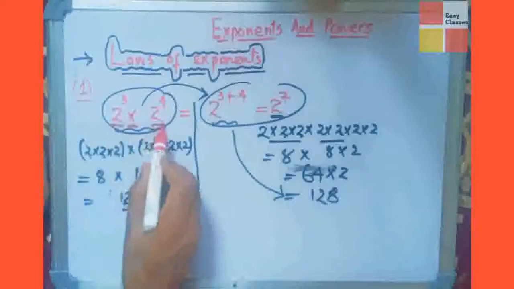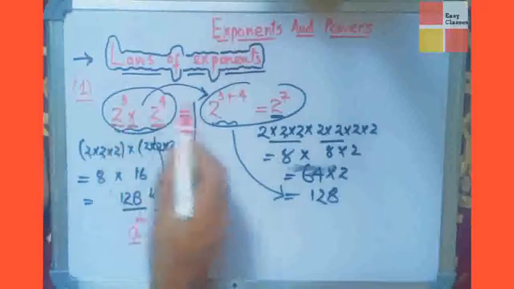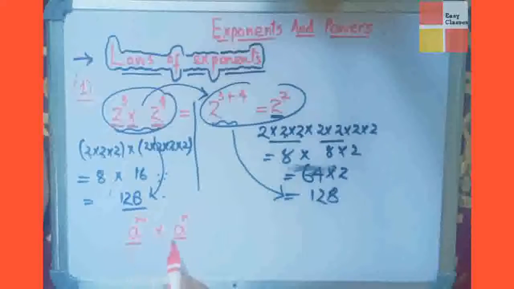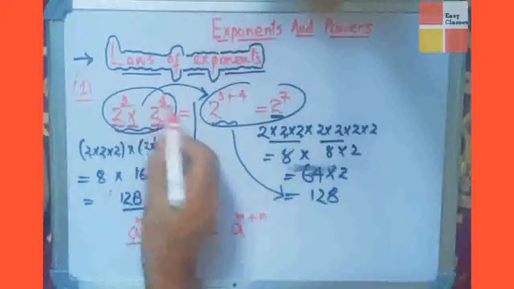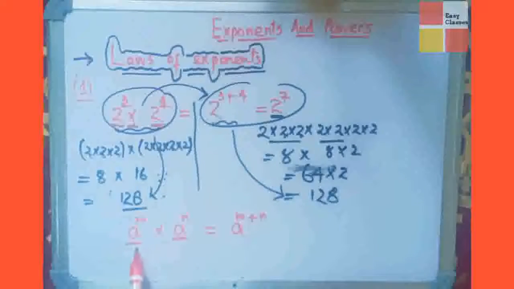Here it is 2 and 2. Then only you can add the powers. Here the base is the same, a, so you can write it like this: a raised to power m plus n. So m and n are exponents, these are powers of the bases. When the bases are the same, the powers are added. This is the first law of exponents.